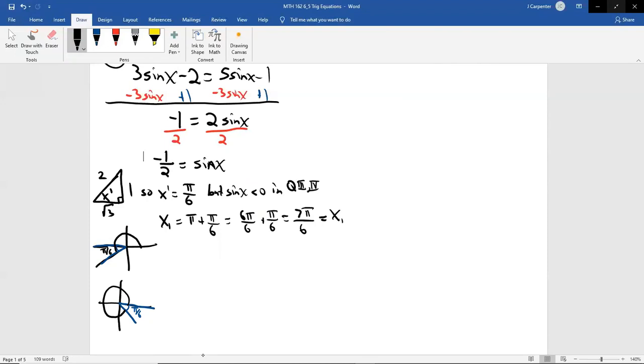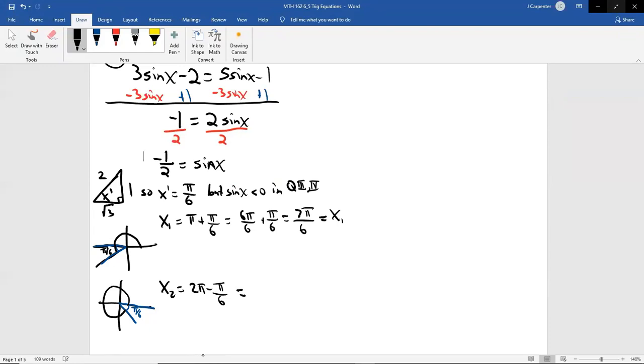Now, let's think of this in radians, 30 degrees. You'd need to do 360 minus 30 to get an angle that's in quadrant 4. So we're not doing degrees there, we're doing radians. 360 is 2 pi. So that says x2 is 2 pi minus pi over 6. Again, you might need to think about this in degrees and then do your work in radians. You could also do the actual math in degrees and then convert to radians. I don't care how you get the job done.